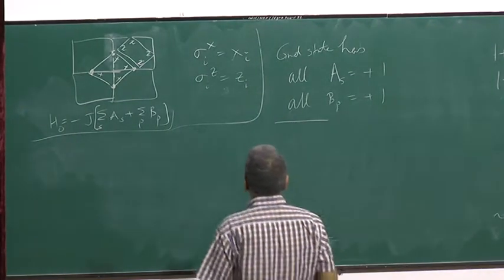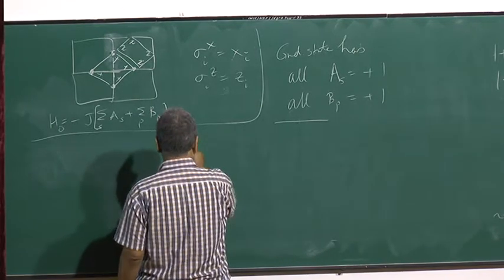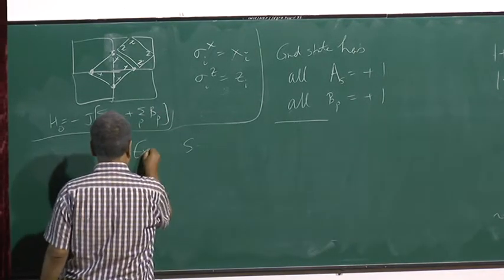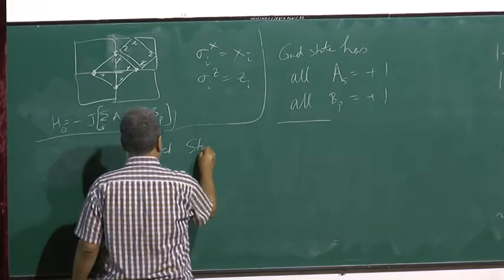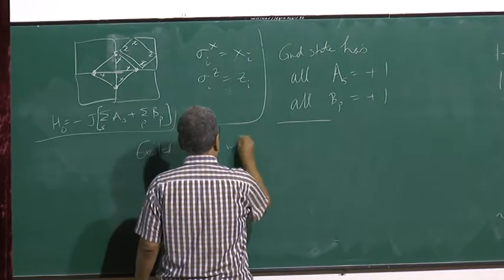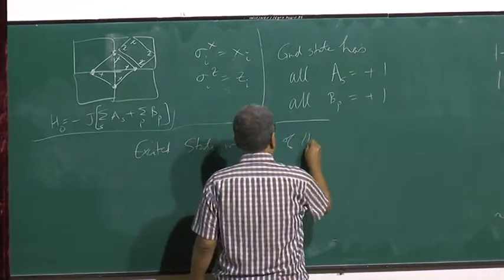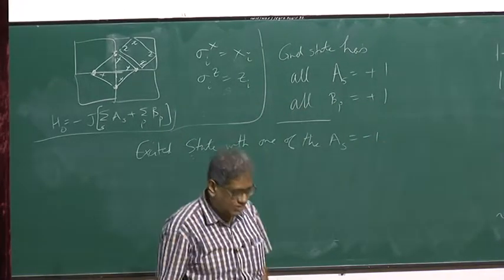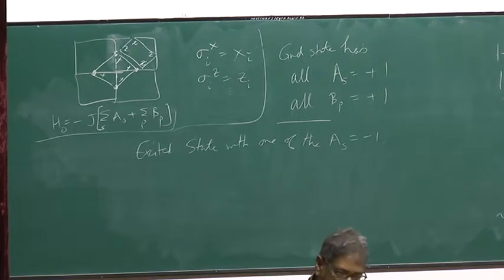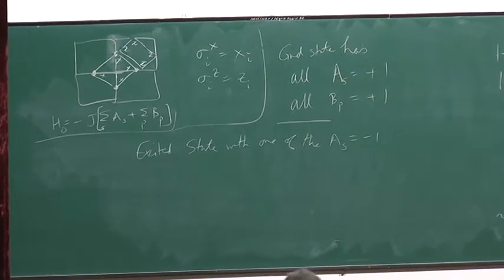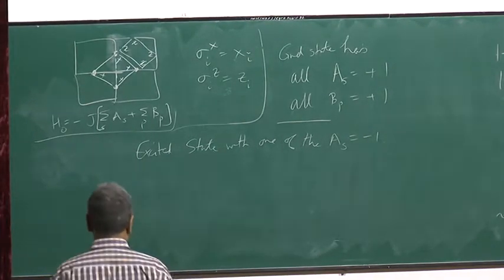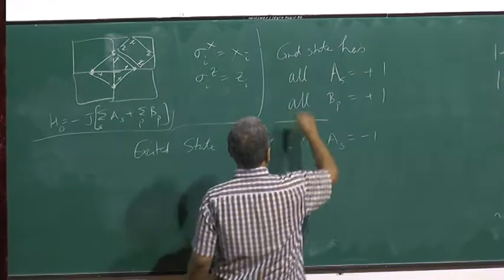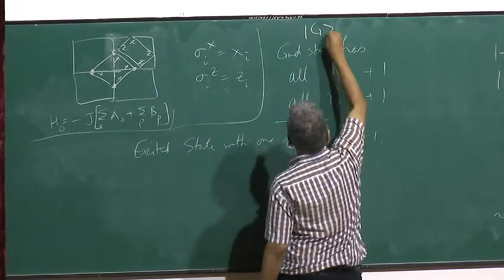Let us say we want an excited state with one of the A_s equal to minus 1, keeping all the other A_s plus 1 and all the other B_p plus 1. So how do you create such a state? The ground state, I call this G.